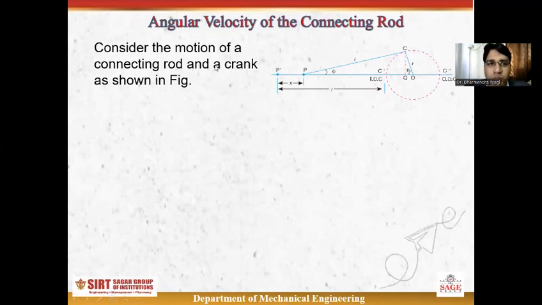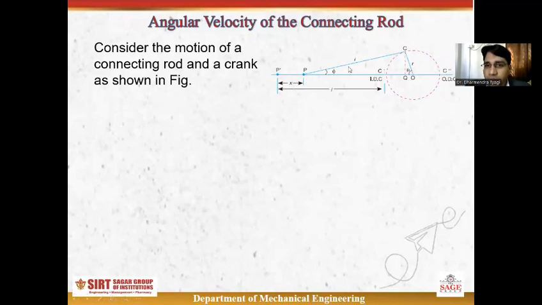Here we consider the motion of a connecting rod and crank as shown in this figure. This is the length of the crank, this is the length of the connecting rod, and this is the position of the piston at point P. The movement of the piston from P to P dash is represented by X, the displacement of the piston we have already discussed.